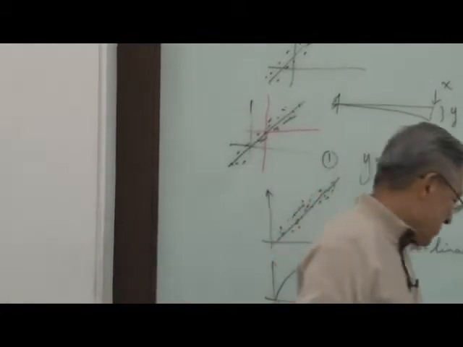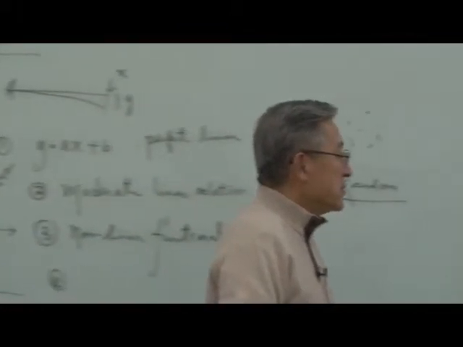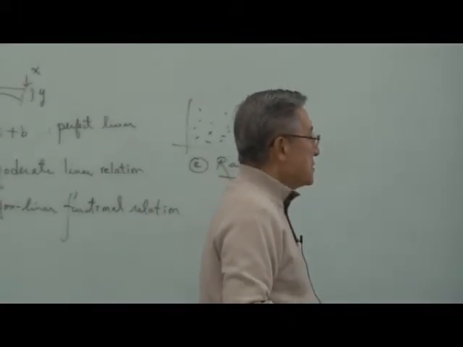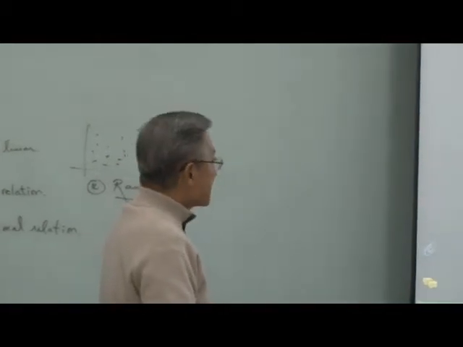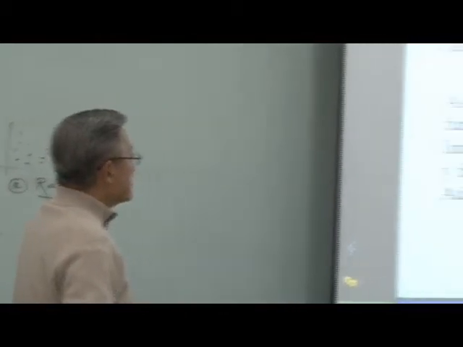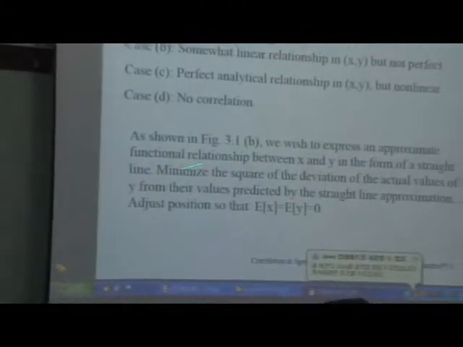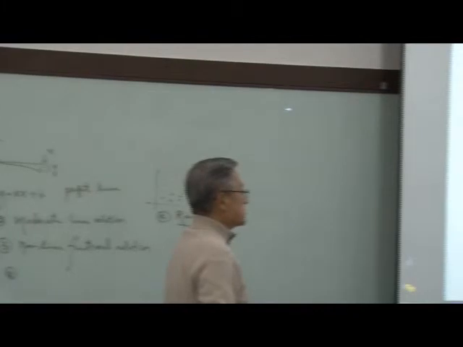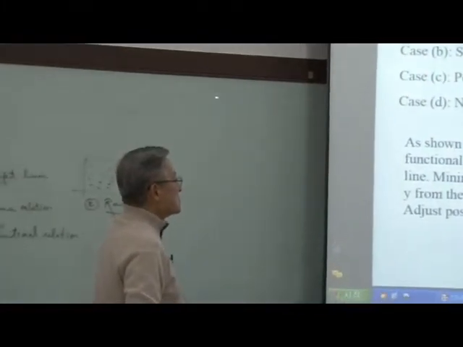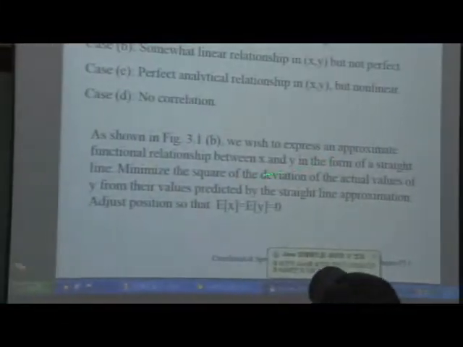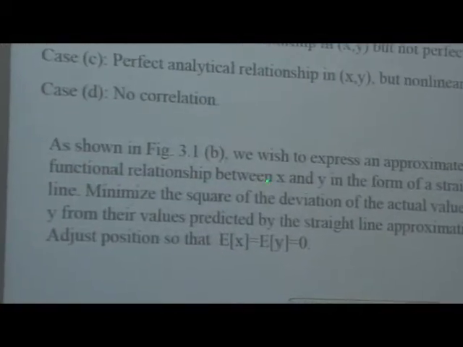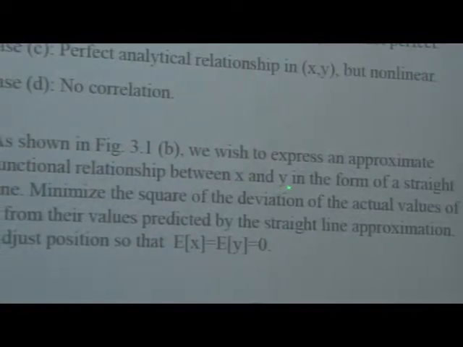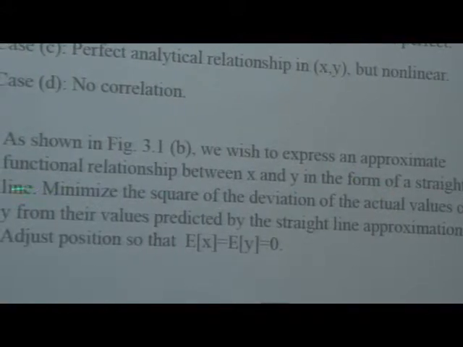Pay attention on this. I'm going to show you the regression analysis here. As shown in figure 3.1b, B is a moderate linear relationship. We wish to express and approximate the functional relationship between x and y in the form of a straight line.